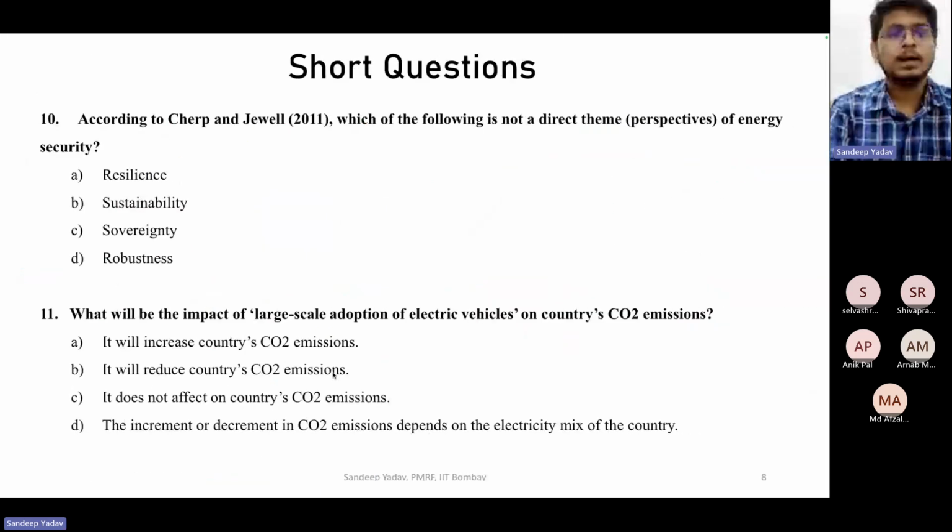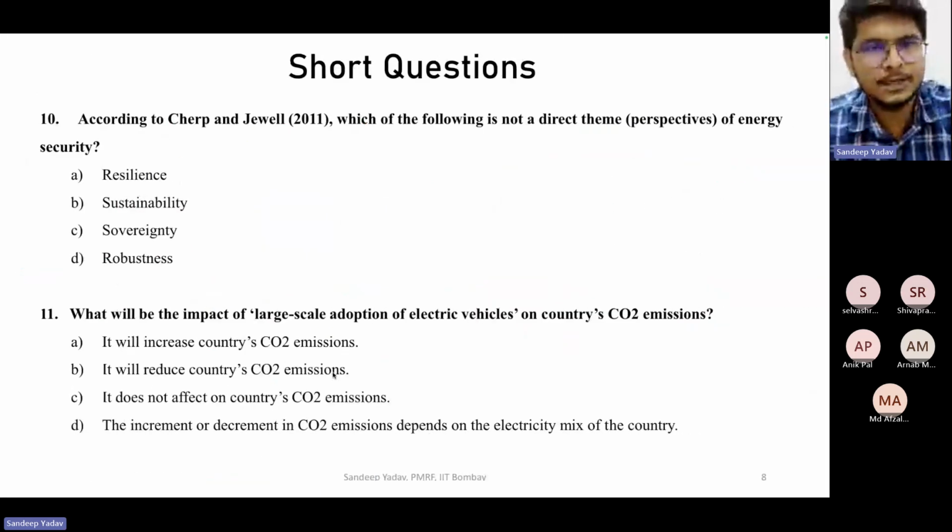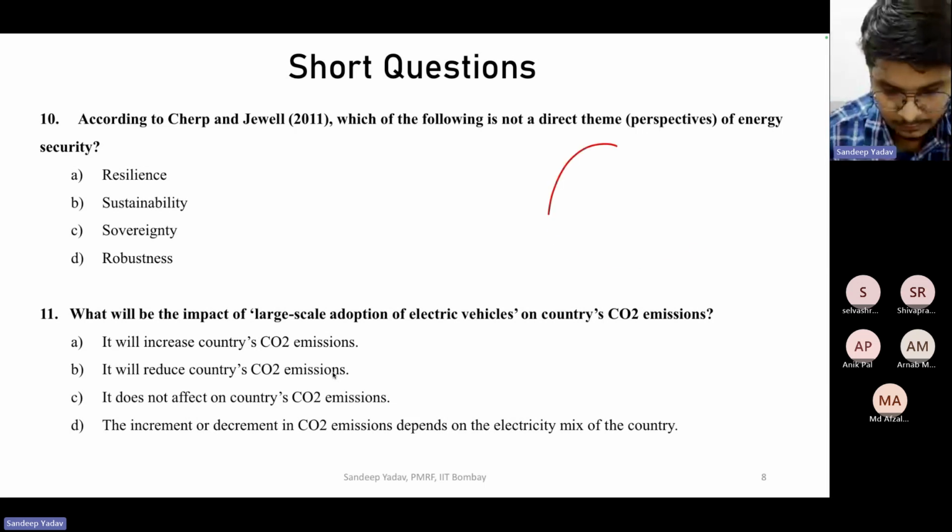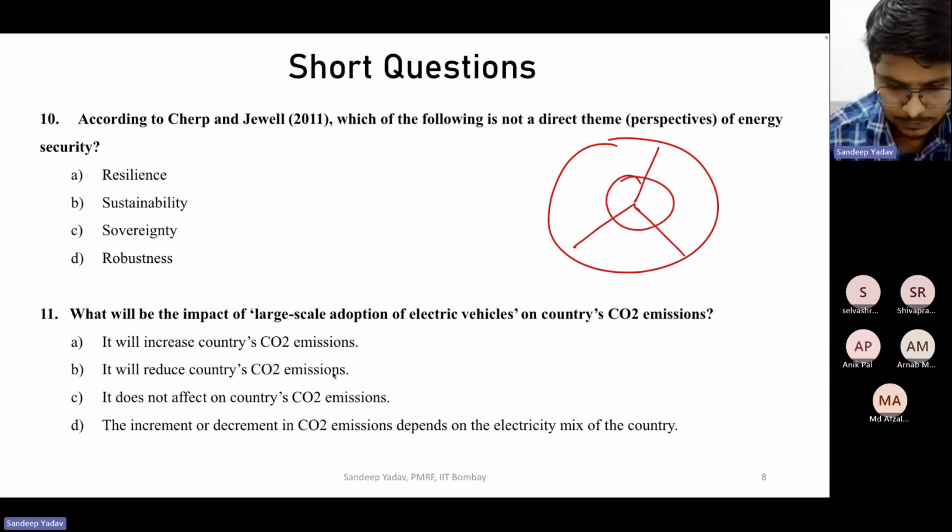Now moving ahead, according to Chirp and Gel, the paper given in the reference: which of the following is not a direct theme or perspective of energy security? If you remember, there was a graph representing this, where energy security depends on three things.